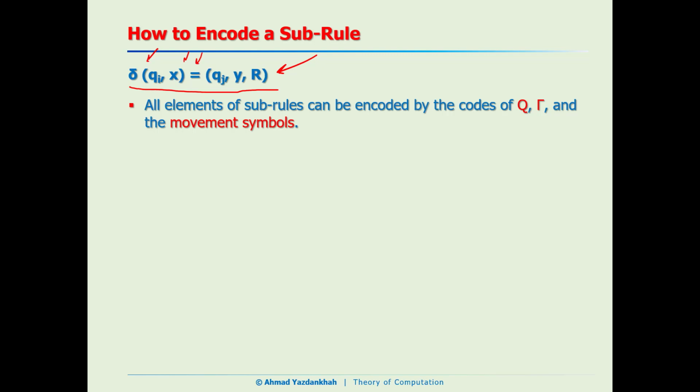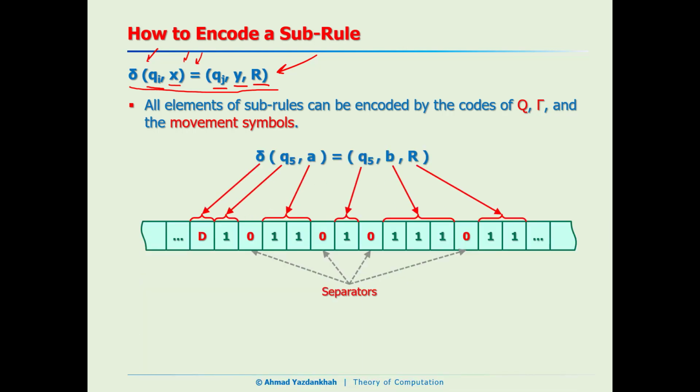The only things that we need to encode are this Qi, which has already been encoded, the symbols of the gamma, and the symbols of the movement. All of them have been encoded before, so we just need to put all of them together.